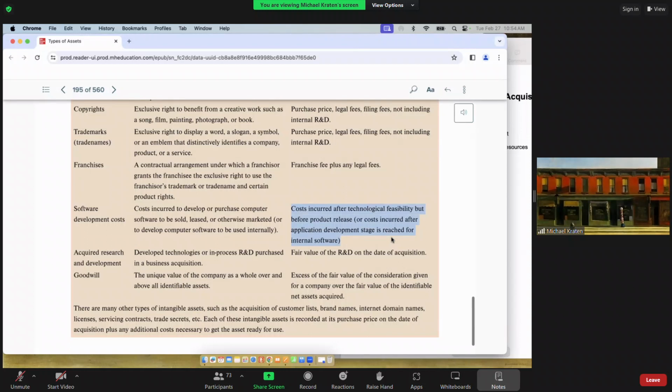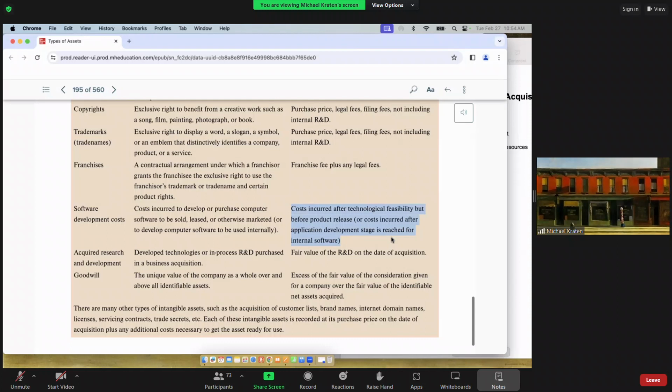Well, if any of you do any software programming, you know for every software program that makes its way to market because it works, there are a million different software programs that people try to write, which never, ever work. They're simply not feasible.